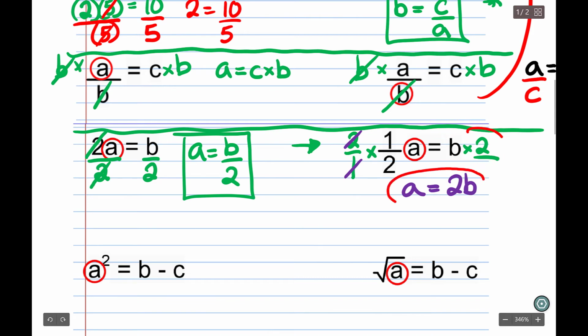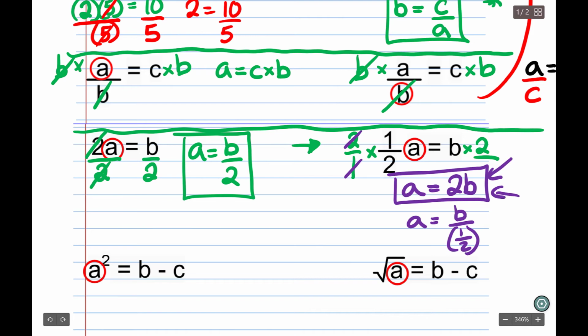But this would be the better of the two answers. So I do want to clarify that there are two ways of answering this, but this would be the best. The other option is a is equal to b over 1/2, except b over 1/2 is 2b. This is a better way of showing that work.